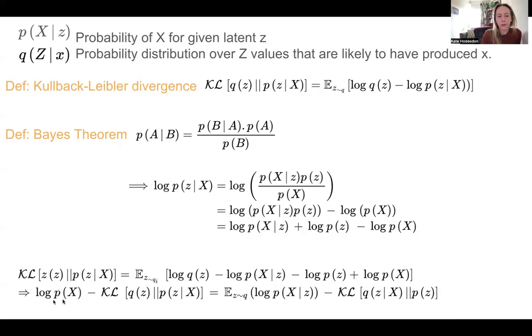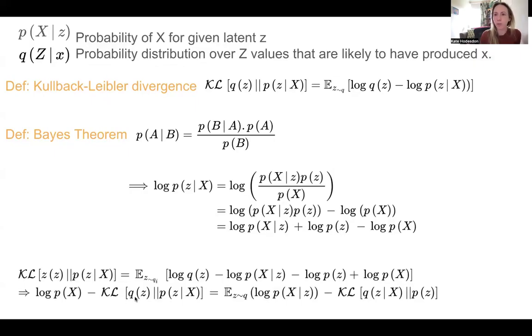Okay, so this form here is valuable because if you look at what it's saying, we've isolated on the left-hand side that probability distribution that we wanted to model, P of x, or at least log of P of x, minus this KL divergence term, which you can consider to be an error term.